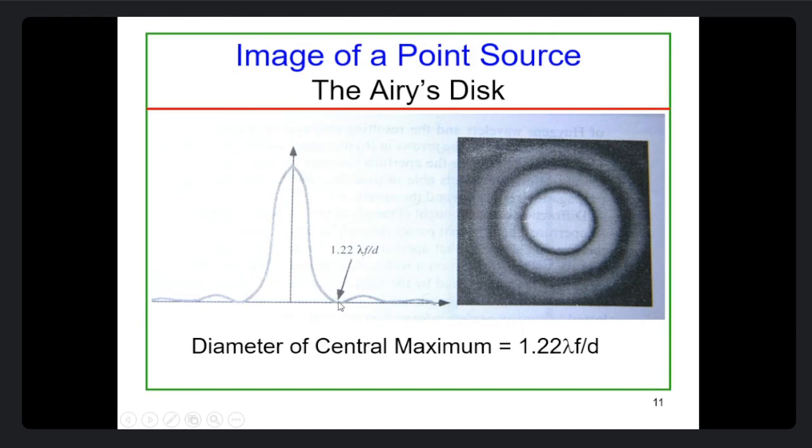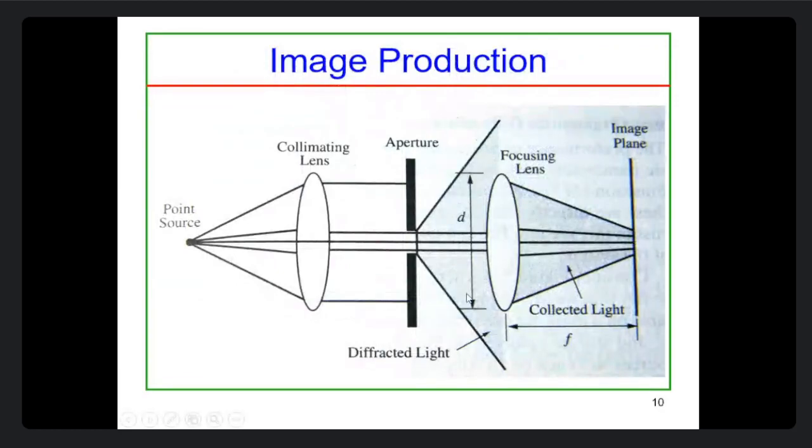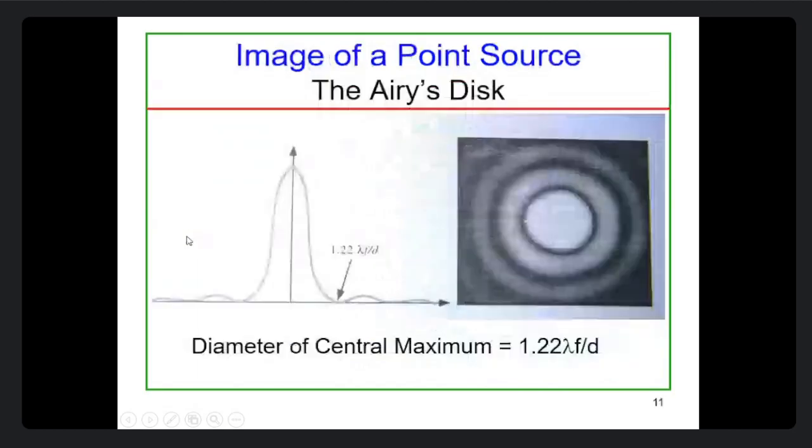It falls at a distance of 1.22 lambda f by d. So it is circular, a circular disc type, and the diameter of this central maxima is basically 1.22 lambda f divided by d. Here d is the size, f is this distance, and lambda is the wavelength of the light coming from the point source that you are using. So that actually depends on these two.